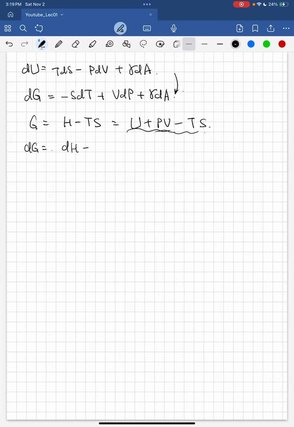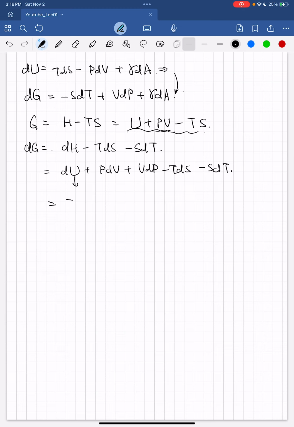Let's just say dH minus TdS minus SdT equals dU plus VdP minus TdS minus SdT, and here we plug in.